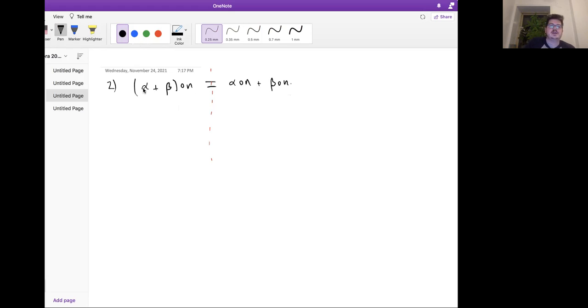Okay, so let's start over here. What does this turn into? So what does the scalar multiplication do in this world? Does it do that? We don't know, right? We want it to be that, but it may not do that.